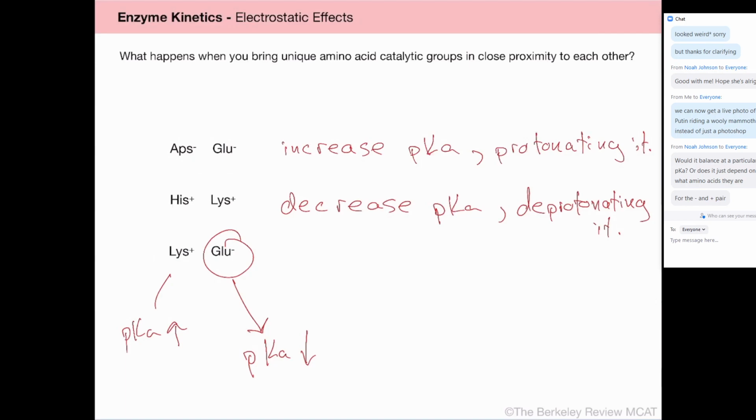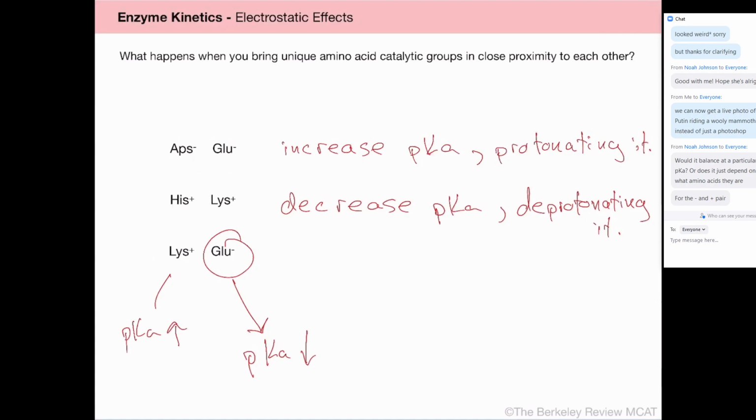Wait, say that again. It's a good question. I'm just having a hard time understanding the idea of increasing and decreasing pKa. It makes more sense to me to think in terms of pH. Because when I see protonating it, that just means there's a lot of hydrogens within the solution, so that means there's a decrease in pH. Is that the correct way to look at this?